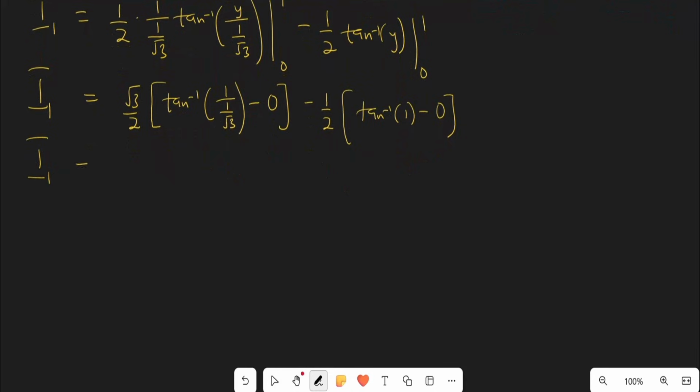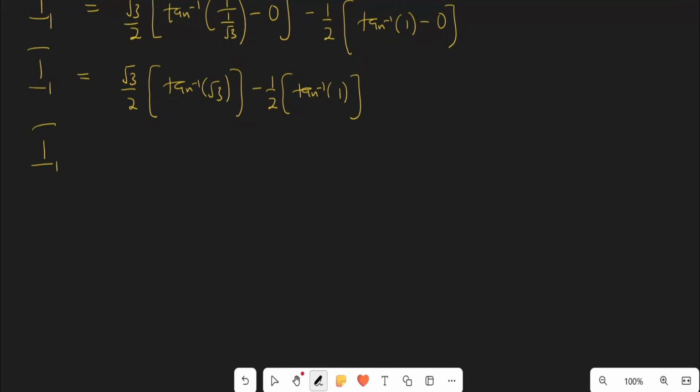Alright, so I1 is going to be equal to the square root of 3 over 2, multiplied by the tan inverse of the square root of 3, minus 1/2 the tan inverse of 1. So let me write it again, and then we can simplify everything in the next line. So I1 is equal to the square root of 3 over 2.